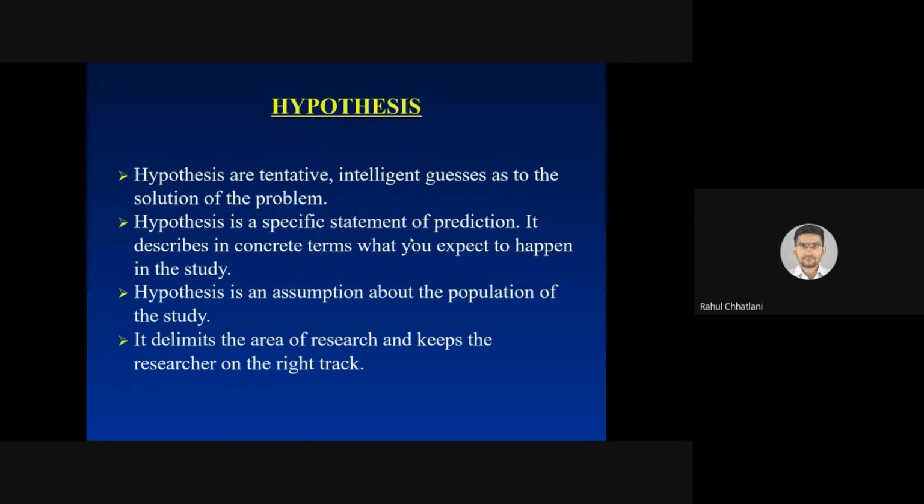So tentative, આમાંથી ગમે તે પ્રૂવ થઈ શકે. Intelligent guess, because from the title આપણે જે કરવા જઈએ છીએ, defining the problem, that itself is giving us hypothesis. It is a specific statement of prediction, will be effective, future tense. Will be effective, will not be effective. It describes in concrete terms what you expect to happen in the study. એટલે આ ચારમાંથી કોઈ એક or કોઈ બે જ વસ્તુ પ્રૂવ થશે. We are very much sure આમાંથી બે વસ્તુ કે એક વસ્તુ તો પ્રૂવ થશે, depending on how much variable.